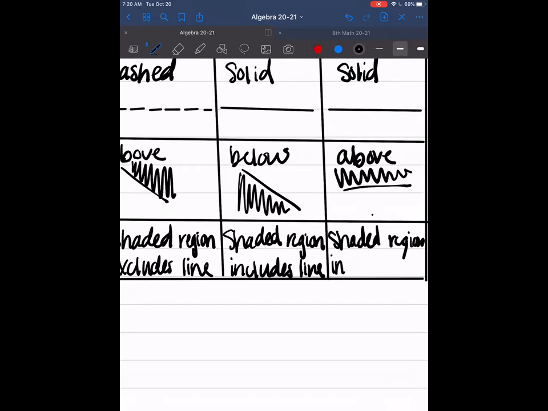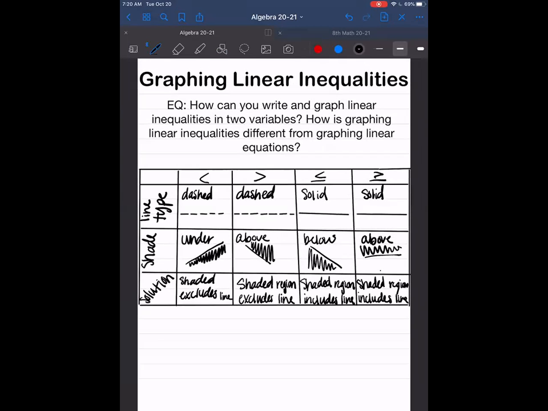And it includes the line. Okay. So this is going to be a good note to help us figure out how to graph these inequalities, and then we'll also know how to check them.